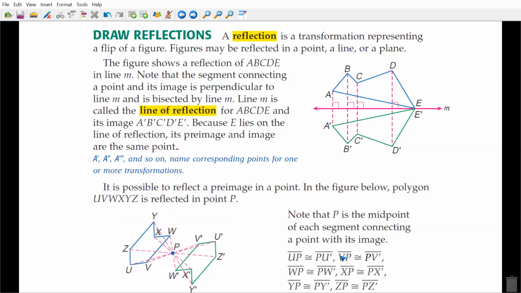And segment VP is going to be congruent with segment PV prime, okay? And the same happens with all the different segments. Any questions up to here, guys? No? Okay, let's move on then.